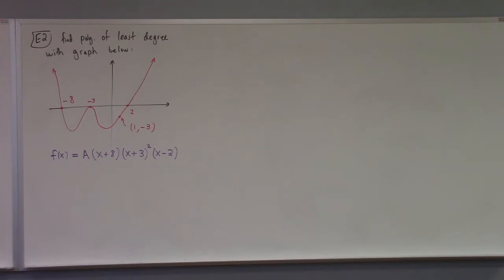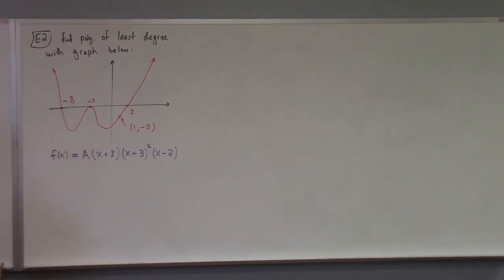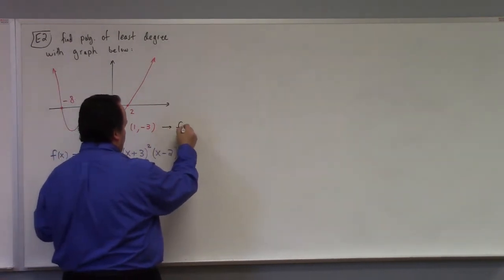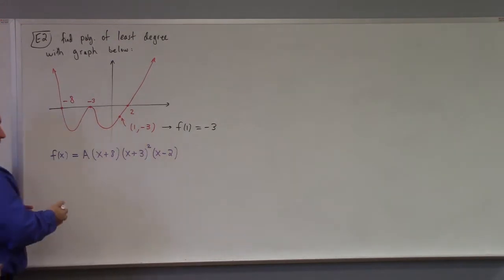Now, okay, so that's going to have the shape that we have, right? Now, we can fix that constant out front with that other piece of information we haven't used yet, which is what? The point 1 comma minus 3 is on the graph. What does that mean? That means that f of 1 is equal to minus 3, right? What is f of 1?